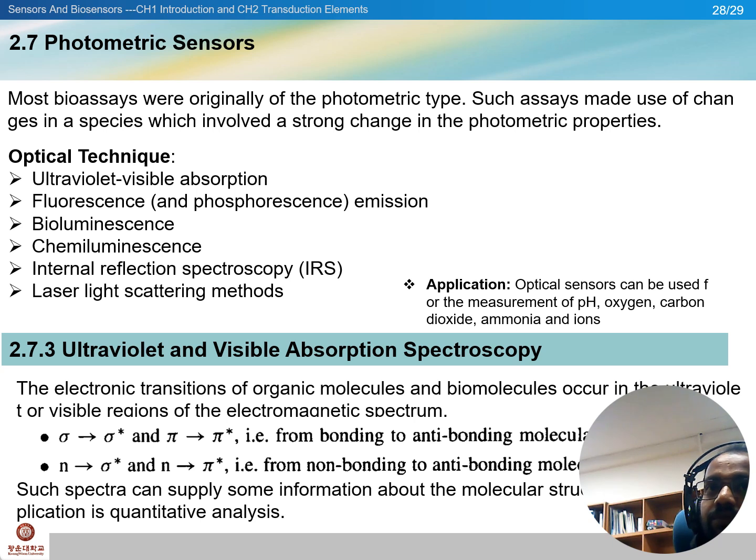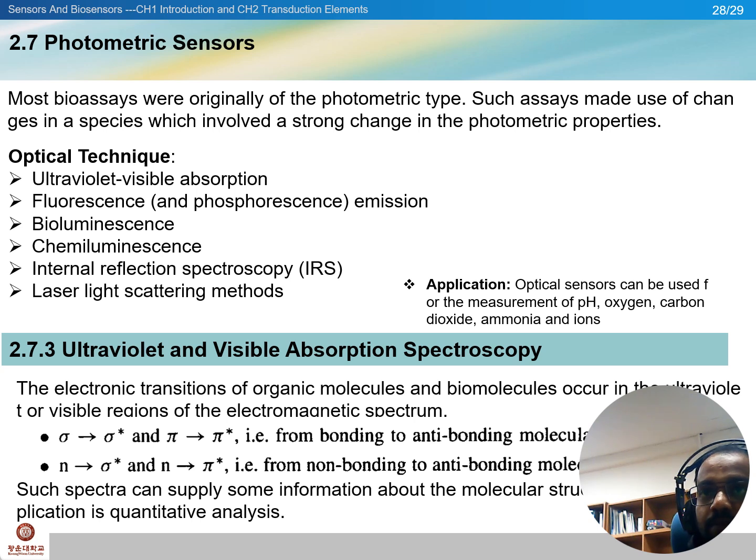Optical techniques: ultraviolet visible absorption, fluorescence emission, bioluminescence, chemiluminescence, internal reflection spectroscopy, laser light scattering methods. Some of the applications for the photometric sensor are that optical sensors can be used for the measurement of pH, oxygen, carbon dioxide, and ammonia as well as iron.